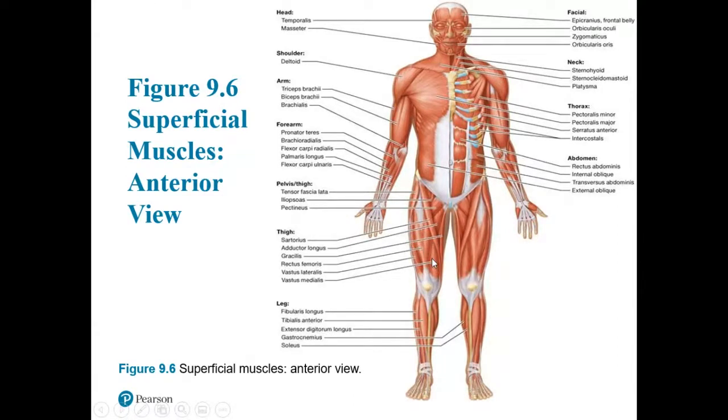The quads are going to work antagonistically to the hamstrings to bring that leg back to anatomical position. Okay, so again, origination at the upper end of the femur, and then insertion on both the patella and also the tibia and the fibula bone of the lower leg, to allow for that extension, right? So we call it extension of the leg.